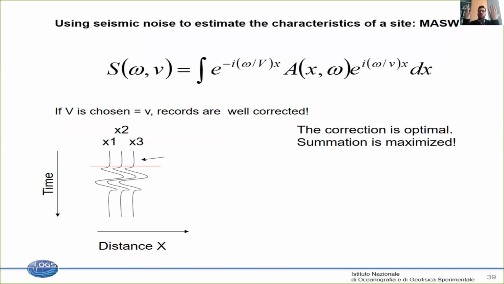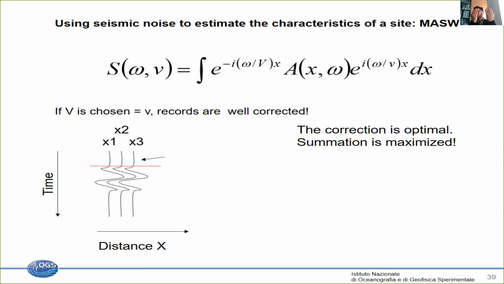You can do this if you remember the properties of a Fourier transform. We said that the Fourier transform of a sum of signals is equal to the sum of the Fourier transforms of each signal. In this case, we first calculated the Fourier transform, then shifted, and then summed.